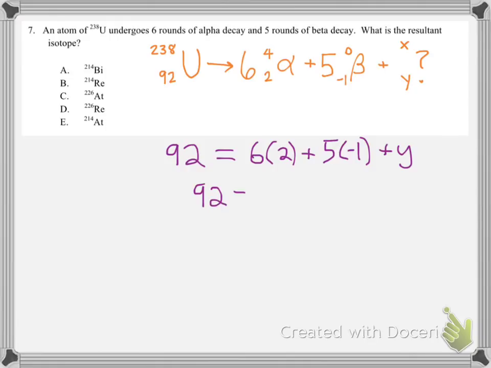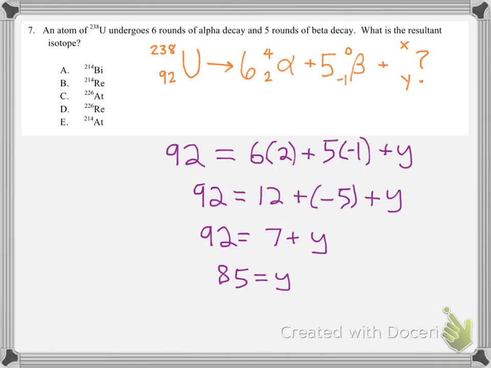So, after a little algebra, we will get the atomic number equals 85, which means our element is none other than astatine, At.